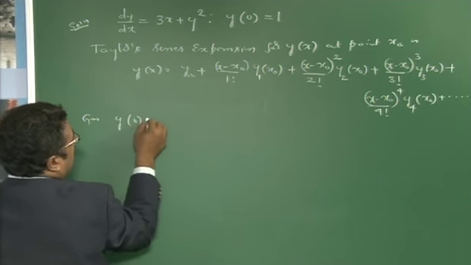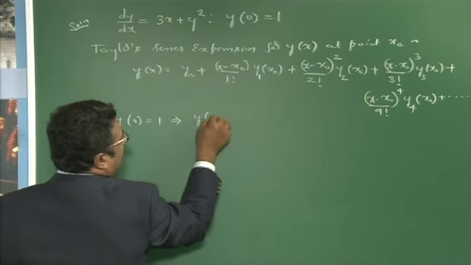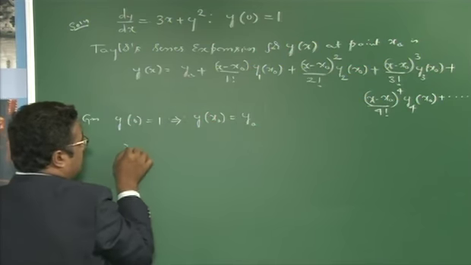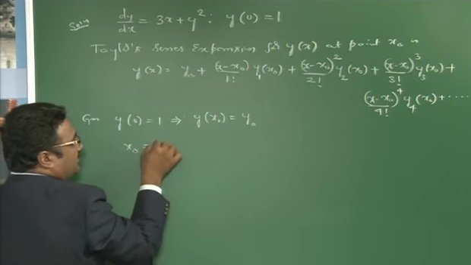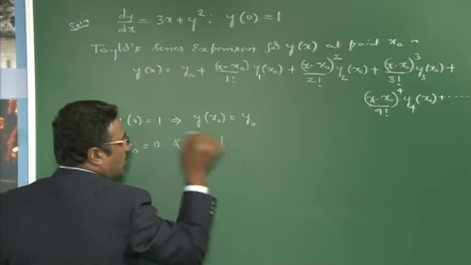y of 0 equal to 1, you compare with y of x naught equal to y naught. From the comparison, x naught becomes 0 and y naught becomes 1.